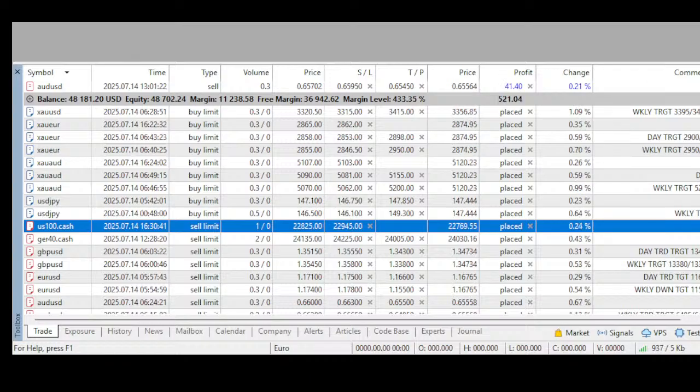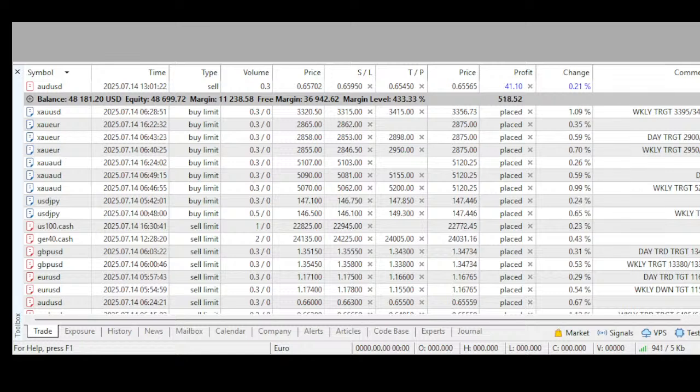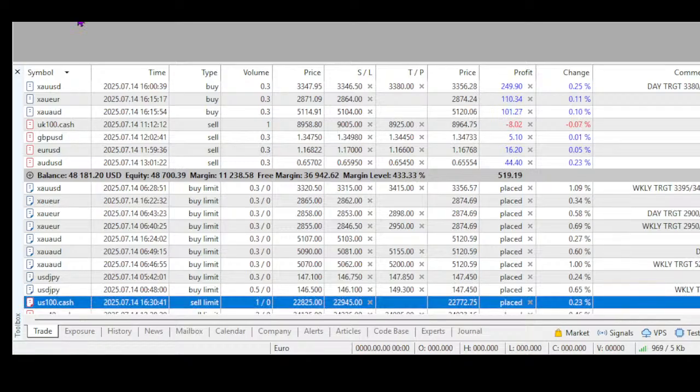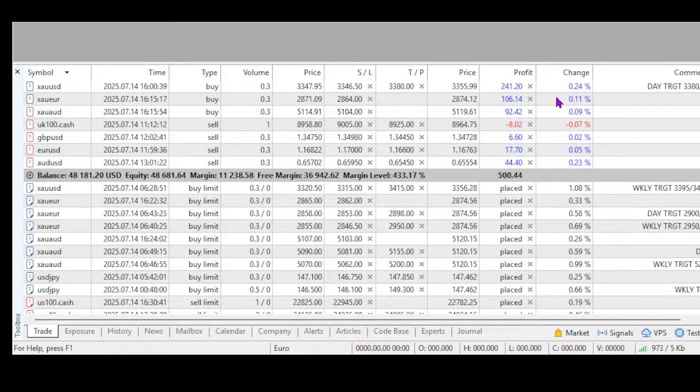Then for the Dow, this is going to be about 100 points higher from where it is trading. So here we are going to key in Dow Jones 100 points higher, which means about 365.